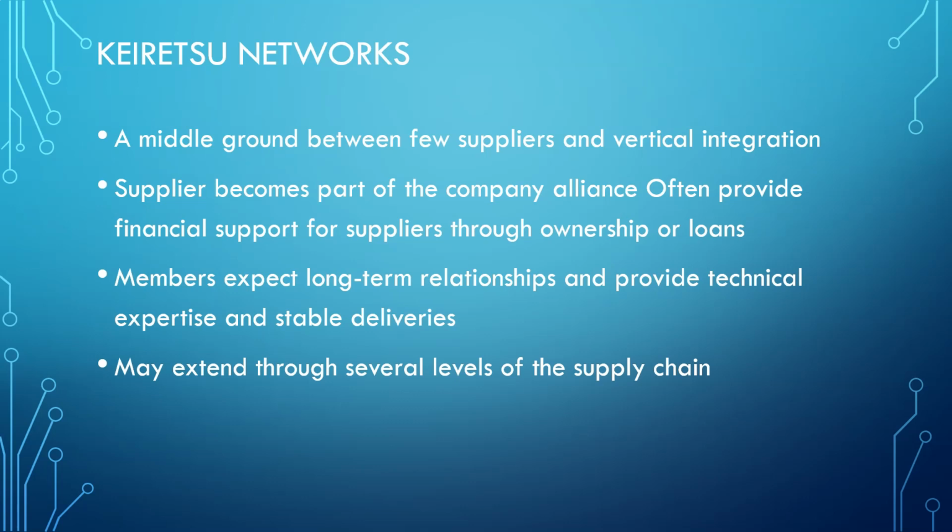Both the company and the selected supplier expect to establish a long-term relationship and provide technical expertise and stable deliveries. This strategy may extend through several levels of the supply chain.